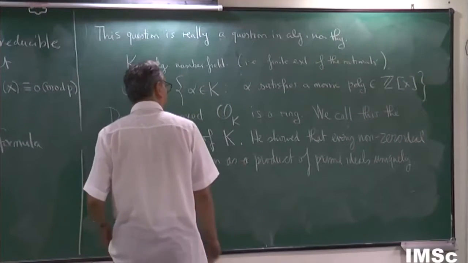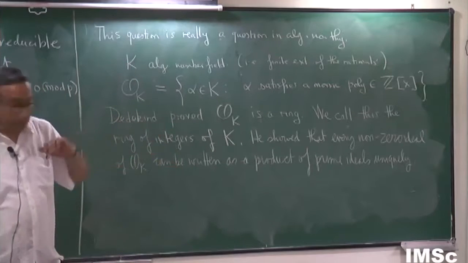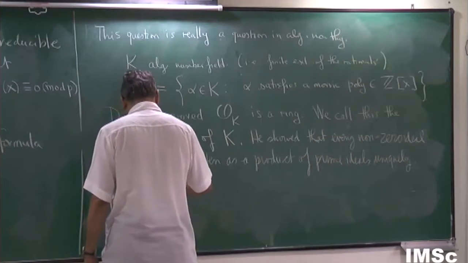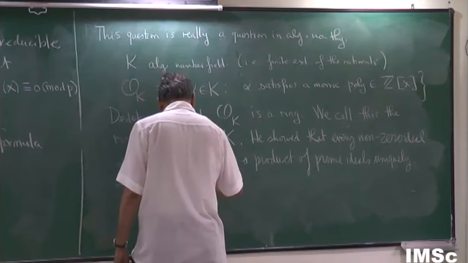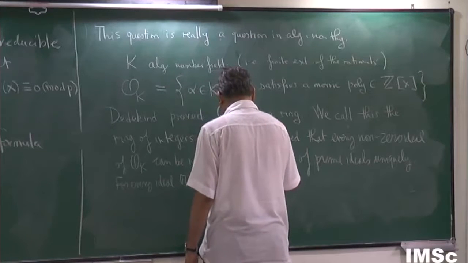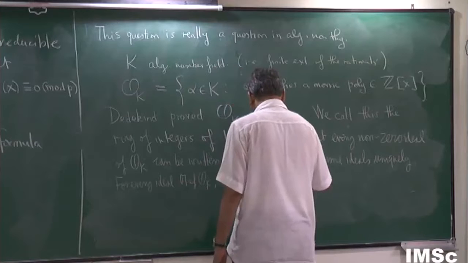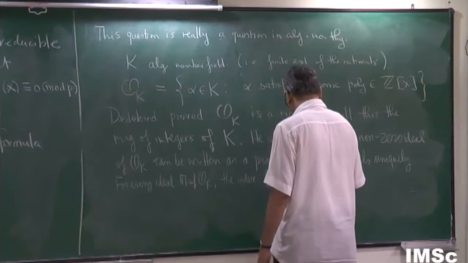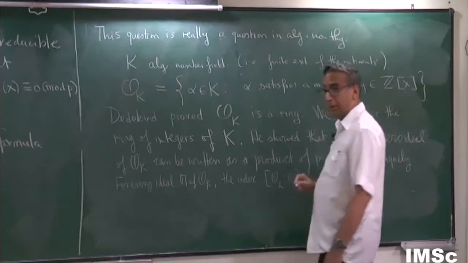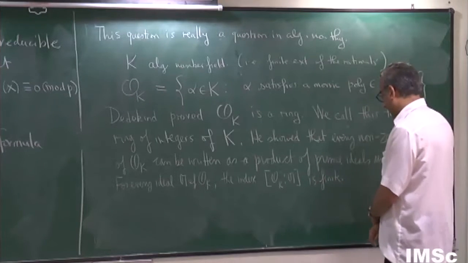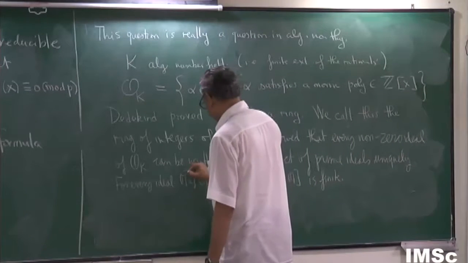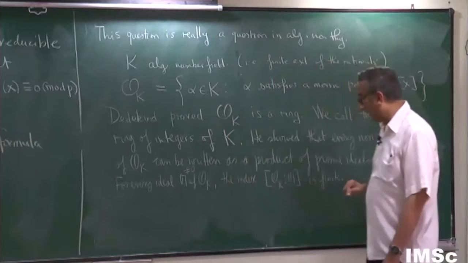It turns out that this particular ring has the property that for every non-zero ideal A of the ring, the index of the ideal is finite.